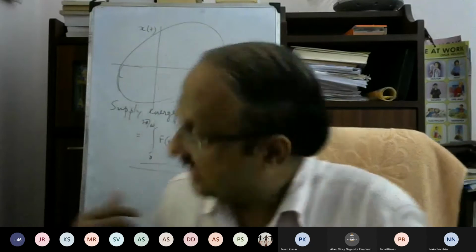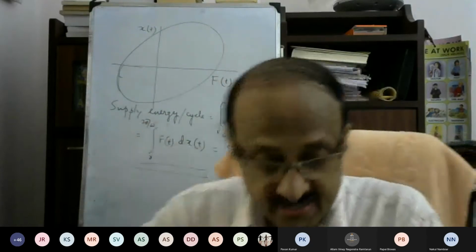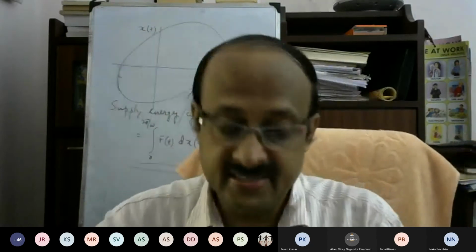And in order to reduce the vibration, sometimes we have to increase the damping. But we have to be very sure what is the effect of the damping. First of all, we have to have a very clear idea. Then and only then we'll be able to play around with the damping part. So in the next class, I will discuss the hysteresis, and things will become more and more clear as we proceed.